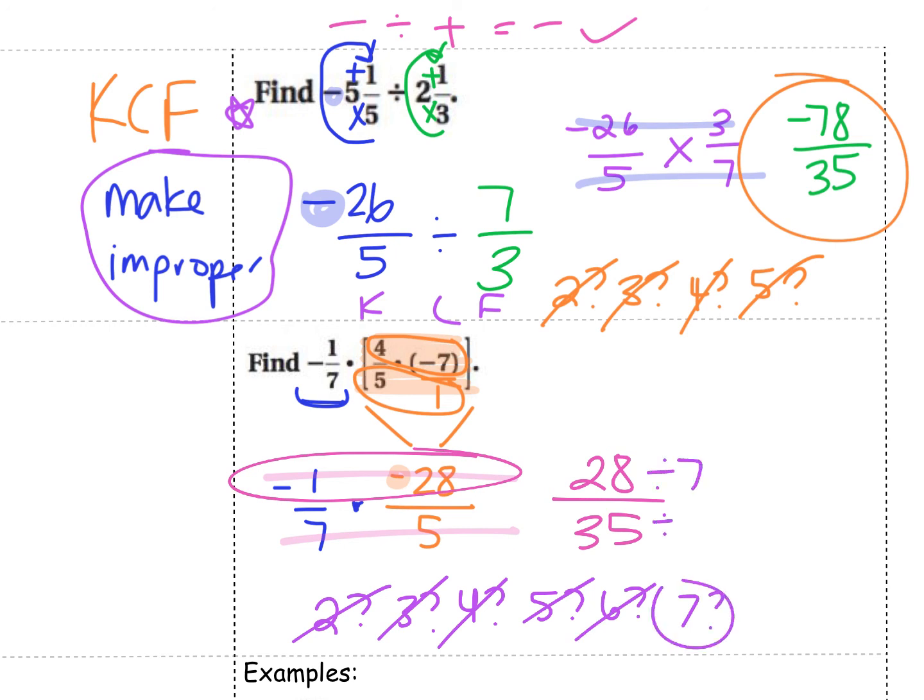I can divide the numerator and denominator by 7, and it reduces to 4 over 5. Then I double check my sign. I had a positive times a negative to make a negative, and then a negative and a negative make a positive, and that's what I have for my answer.